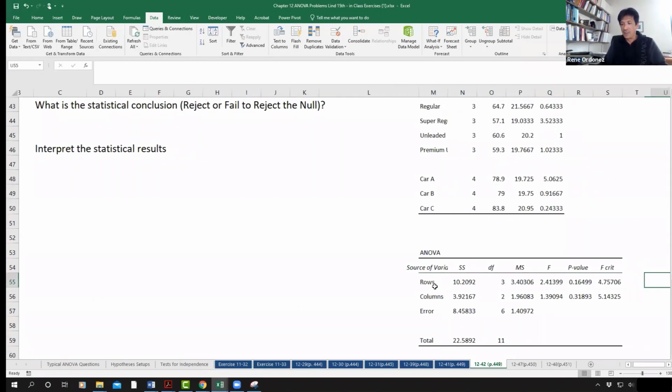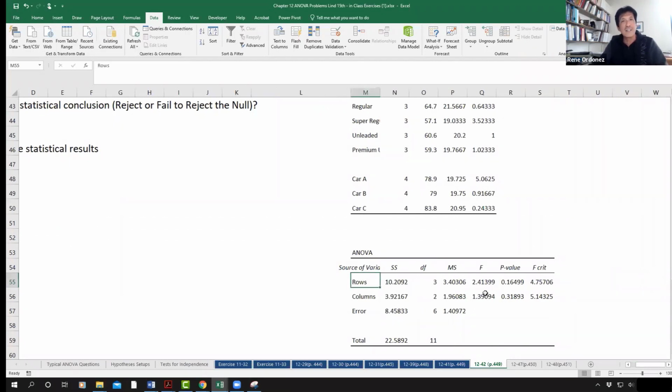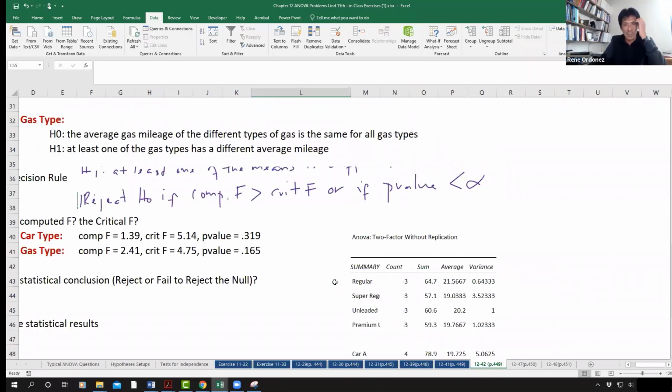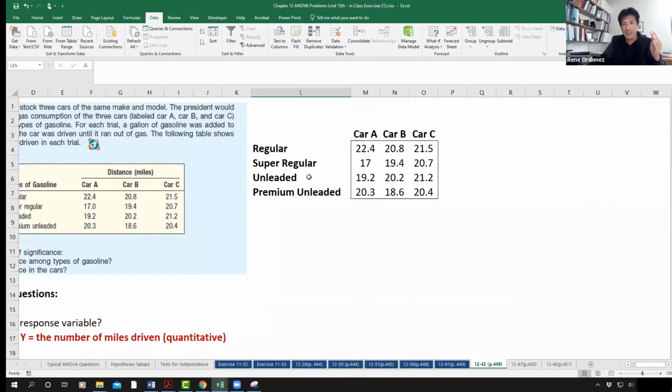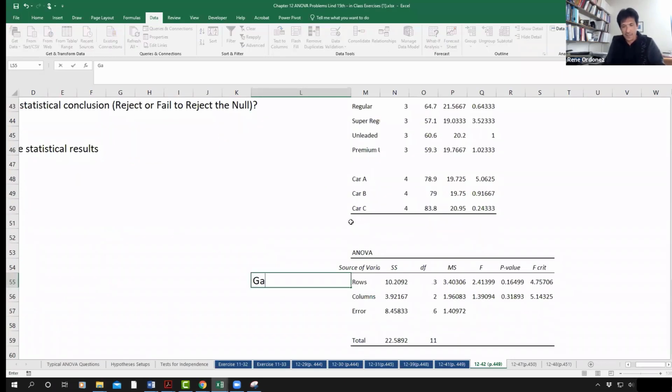Now, be careful though that Excel will use a different labeling for the rows and the columns, whereas I think even if you look at your textbook, this would be the treatment and this would be the rows or the blocks. So the rows in this case are the way that we declared the data. The rows are the gas types. Okay, and then the columns, the car types.